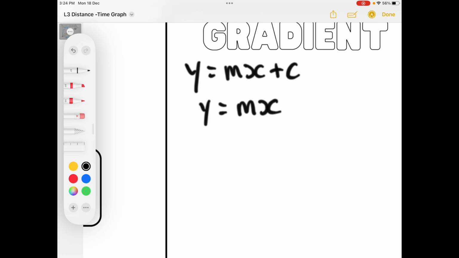Now we put it into terms of our graph. On our y-axis, we have distance, and on our x-axis we have time.